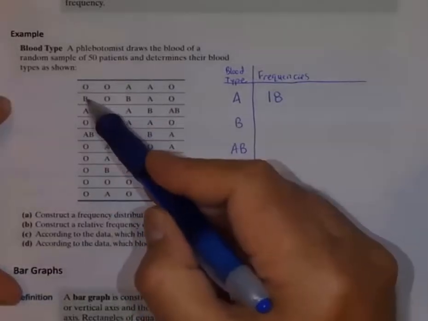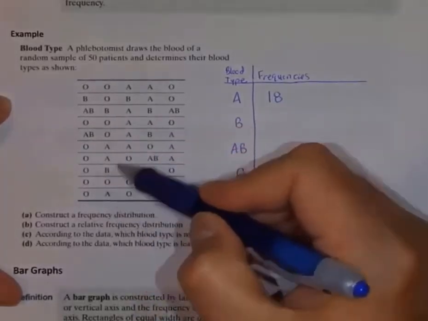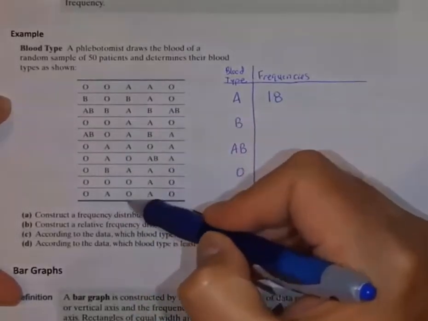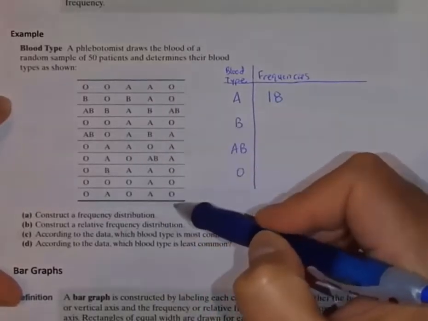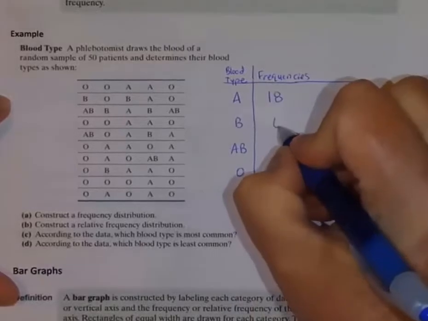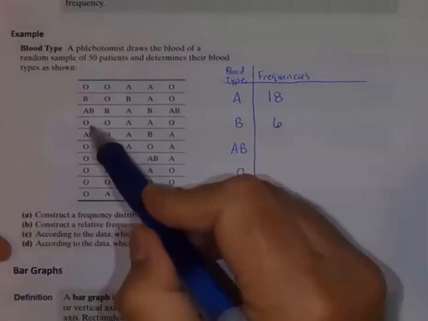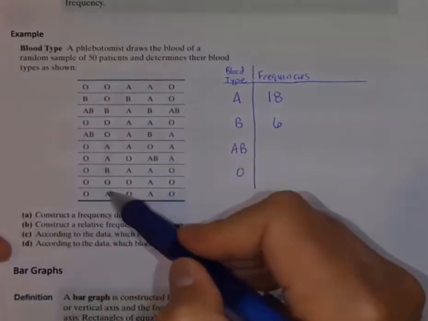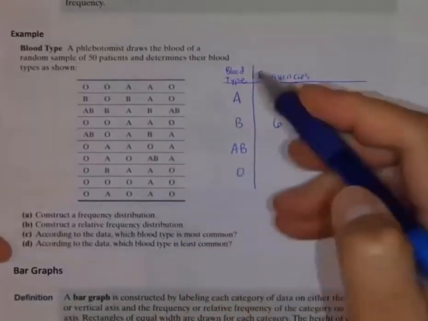So for B, there's 1, 2, 3, 4, 5, 6, and it looks like that's it. Only 6 individuals had blood type B. AB, 1, 2, 3, 4.